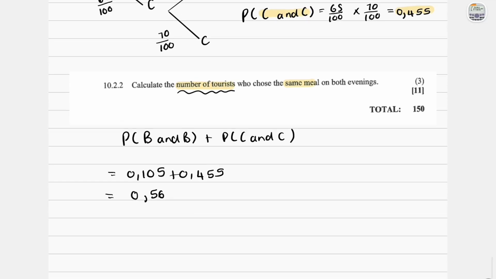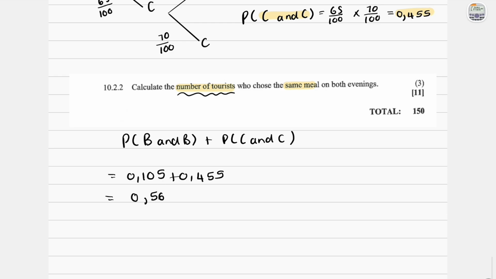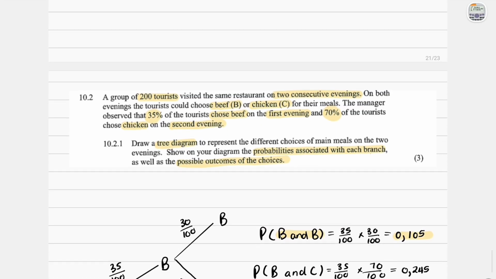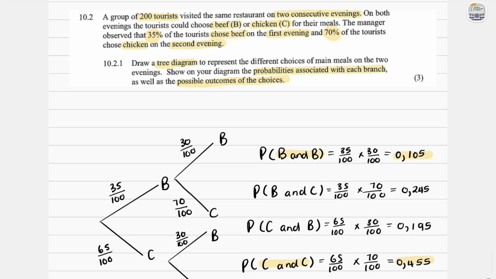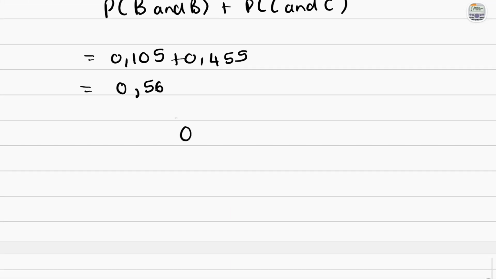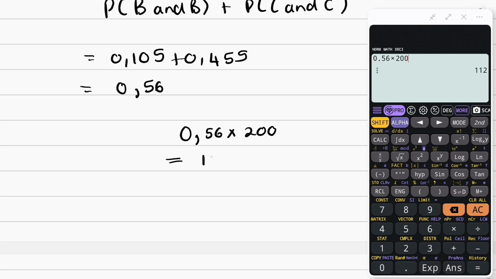So 56% of them would have the same meal on both evenings. To find out how many tourists are in this category, you need to find out how many tourists there are in total in the survey. There are 200 tourists. So we'll say 0.56 times 200. What is 56% of 200? That is 112 tourists. So that is our answer.